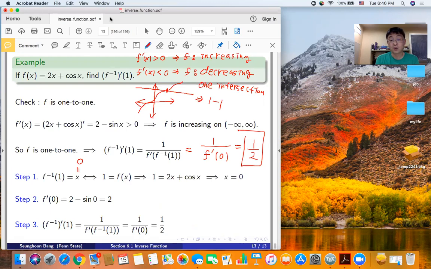We already followed 3 steps. Okay, so this is like a 2-day lecture. Do you have any questions? If you have any question, just write your question on the chat board and I will answer it. If you don't have any question, you can leave the online class.